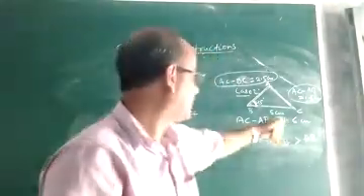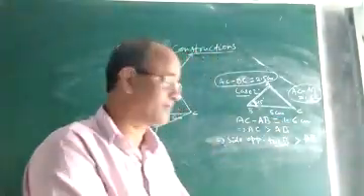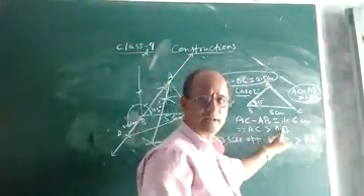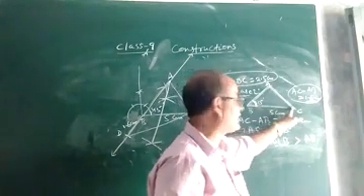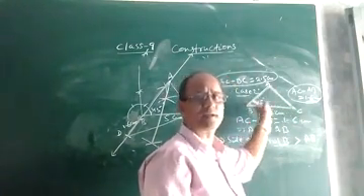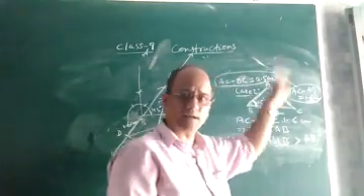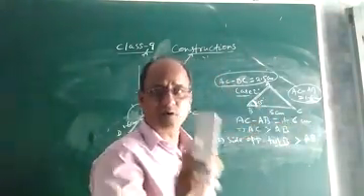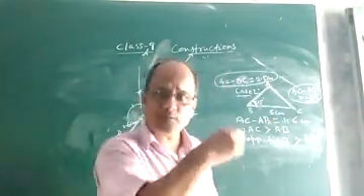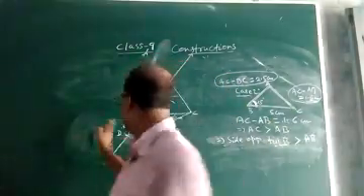Suppose you are given AC minus AB, so AC will be greater than AB, and look at whether AC is the opposite side of the given angle or not. If AC is the opposite side of the given angle and AC is greater than the third side, that is AB, then you have to remember that this difference of the other two sides which is given, we have to cut it downward. Okay, downward I have done here.